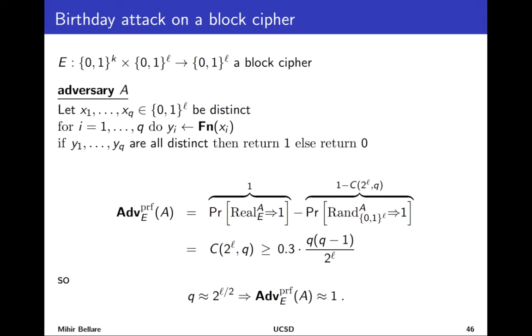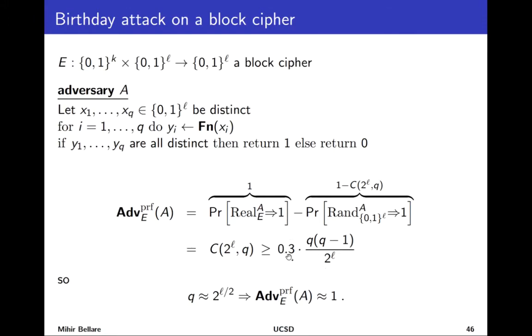A convenient way to do that is to use the facts we saw before to estimate the probability as roughly q squared divided by 2 to the L. Remember, it's this squared divided by this. We'll use a lower bound, so there's a 30% over here as per the fact. You can look it up on prior slides. The bottom line is that once q starts hitting 2 to the power half of L, this advantage is getting to be close to 1.